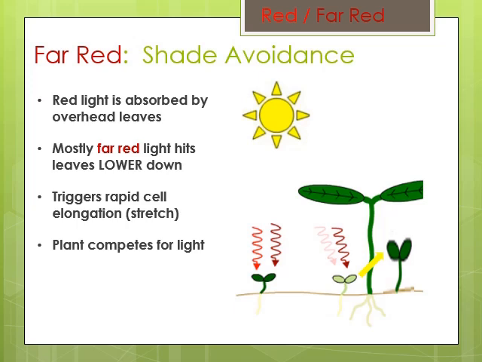Now, when the plant's underneath a leaf, the leaf blocks the red, or quite a bit of it, but the far red penetrates, which causes stretch. So that's how the plant senses if light's being blocked or shaded, and then it will stretch to try to get higher than whatever's shading it. That's basically that competition that happens in the forest understory.